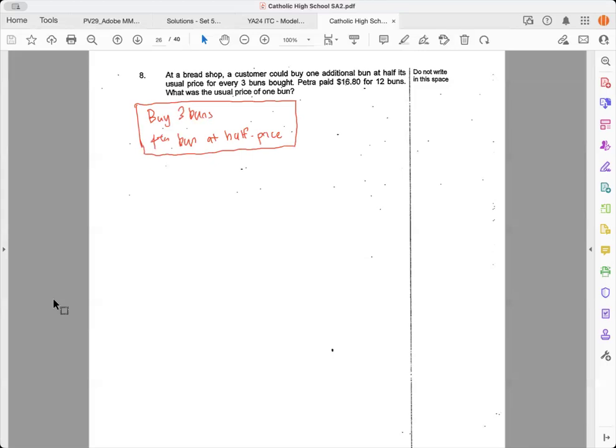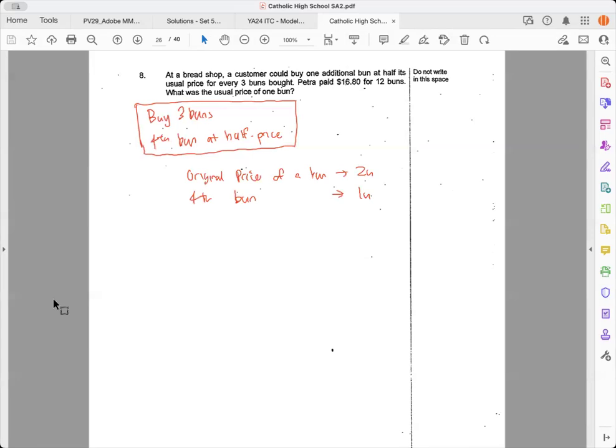So if the original price of a bun is, say, 2 units, original price of bun is 2 units, then the 4th bun will be half of it, 1 unit. Make sense?